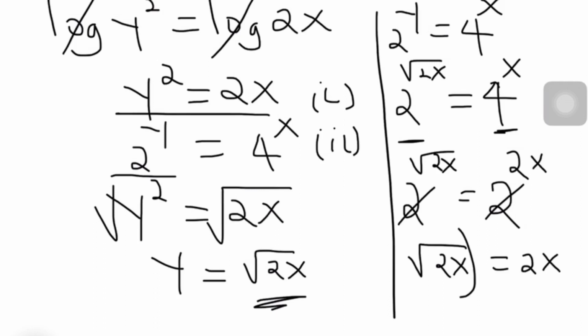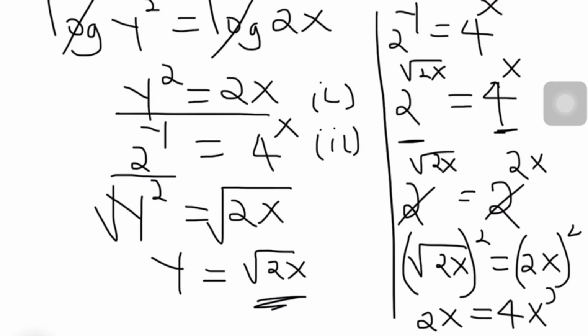Let's get the squares of both sides, and therefore we are going to have 2x is equal to 4x squared. How can we get the value of x from here?